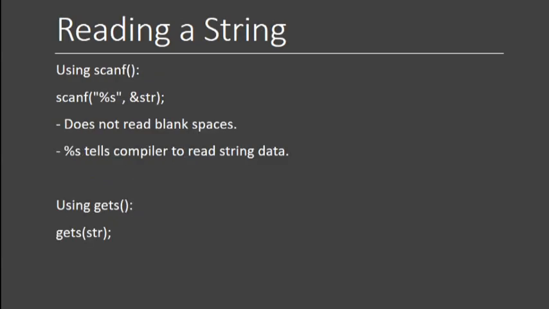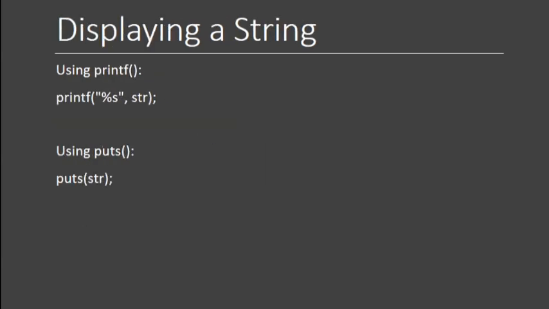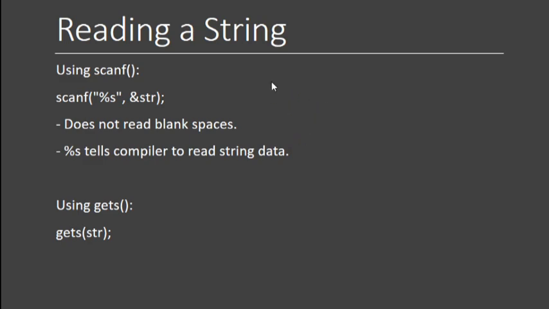Now how do you read a string or display a string onto the screen? There are two ways to read a string from the keyboard. Number one is using the scanf function, and second one is gets. Gets str, str is a variable name.